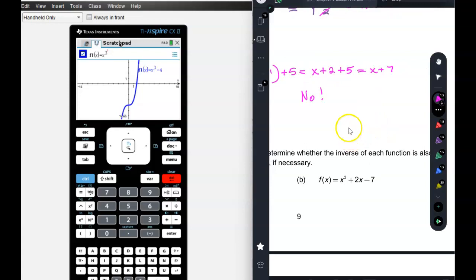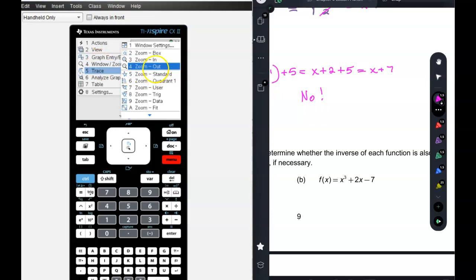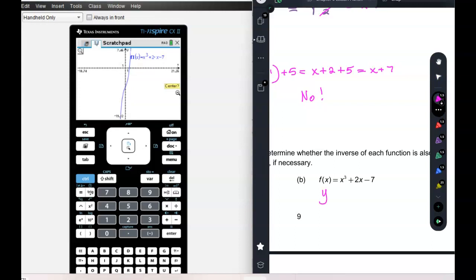No, that does. It's still slanted. So here, this is x cubed plus 2x minus 7. Works. I'm going to zoom out a little bit. Looks like yes. And that's it.